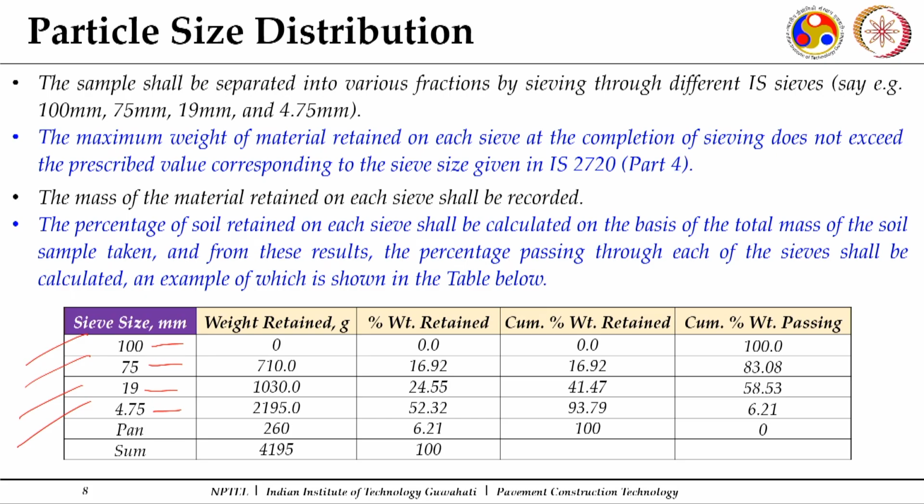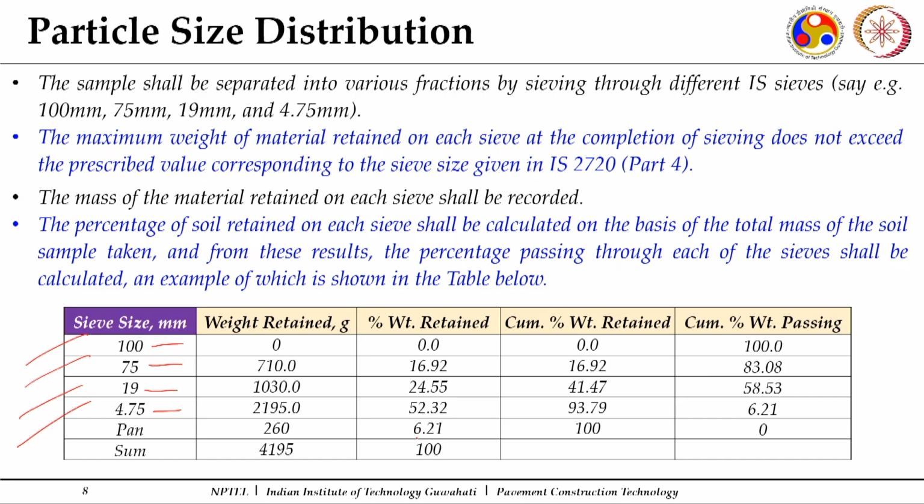Now you have laboratory sieve shakers also, and sieves of different sizes are available. You can have 15 centimeter diameter sieves, you can have 30 centimeter diameter sieves, depending upon the range of particle sizes present in your soil.